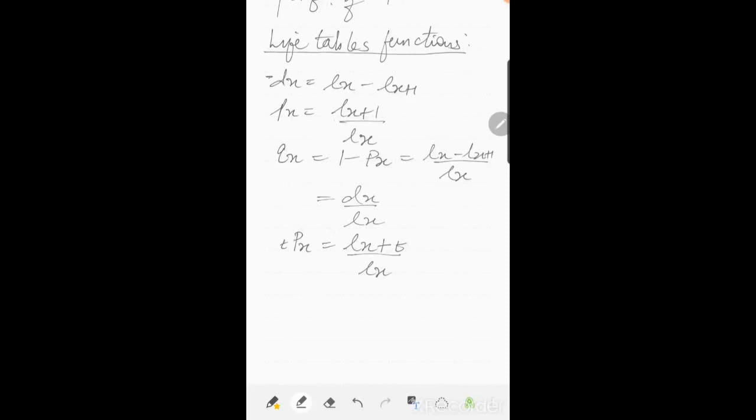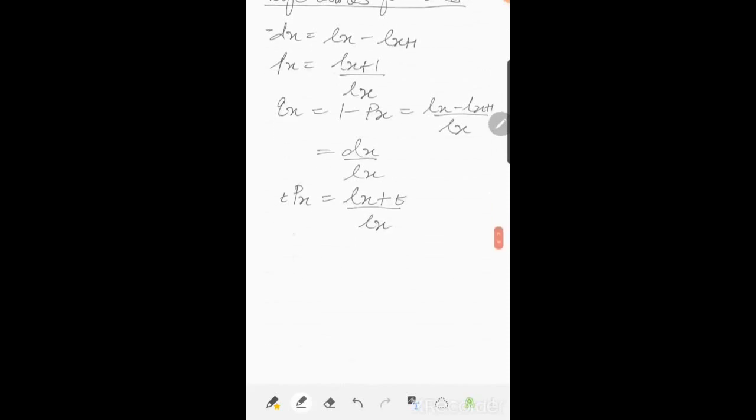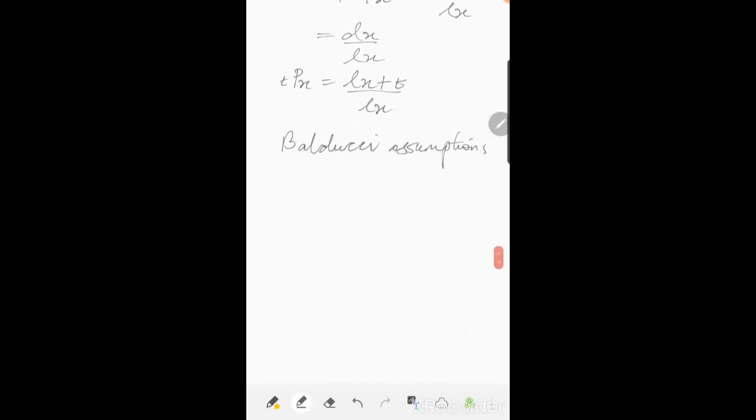So we move on. Now we look at the Balducci assumptions. These assumptions are also important if we're looking at integer ages x and 0 less than or equal to t less than or equal to 1.